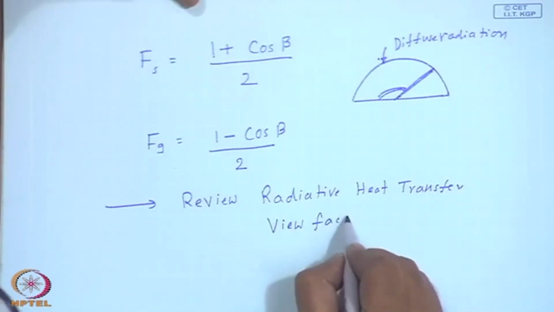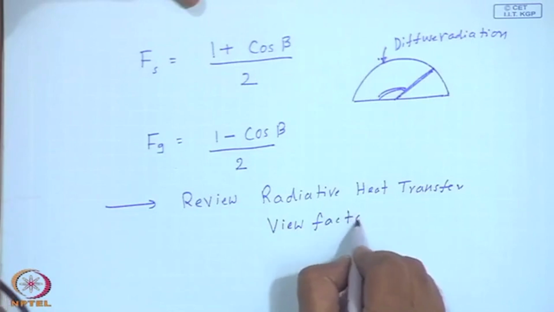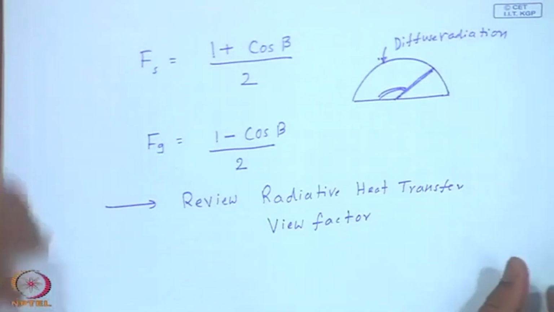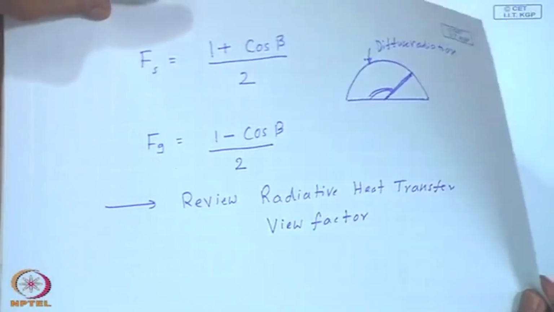So, you can see if there are two surfaces with a angular orientation, the ground reflected radiation will be 1 minus cos beta by 2 factor. Again, if you put beta equal to 0, it will be 0. In other words, a horizontal surface will not receive any reflected radiation from ground also being horizontal.